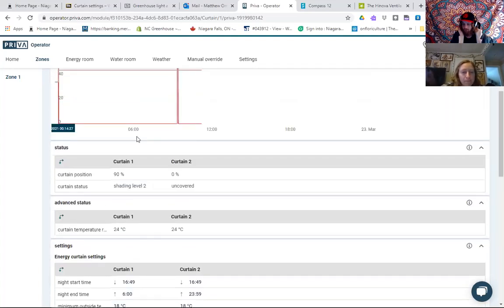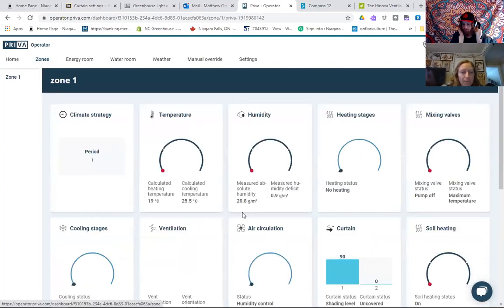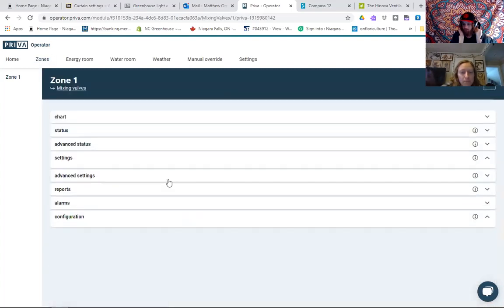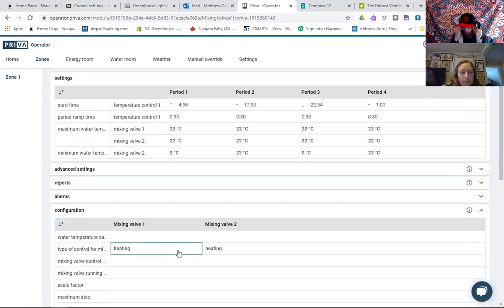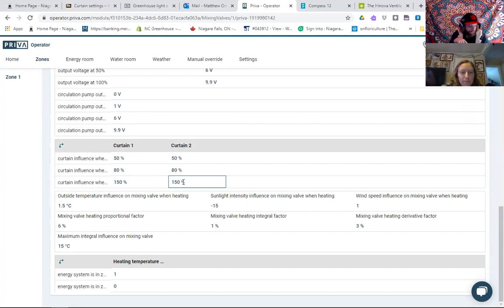Or if you remember, we can also go back to the mixing valves and use curtain influence. Okay, and we can increase this number here.